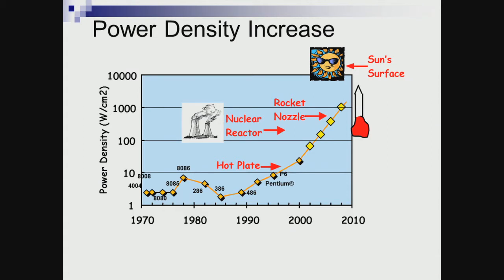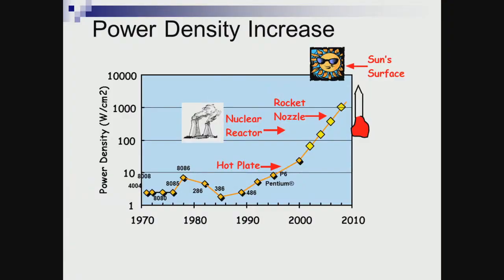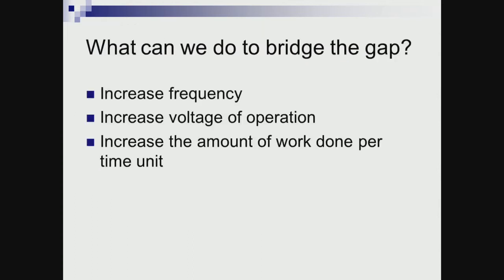This is very complicated, because as your frequency increases, your power consumption and power density, the amount of power consumed per centimeter square, also increase, and that can lead to a lot of temperature issues, which is something we cannot even imagine. So we can go at most up to a hot plate, and that is where things have stopped. As you see in the graph, it all stopped at the P6 Pentium, where we touched a hot plate in terms of temperature dissipation. So what can we do to bridge this gap?